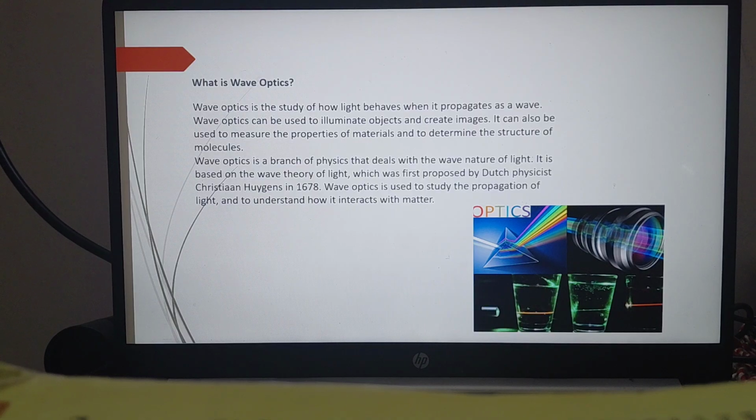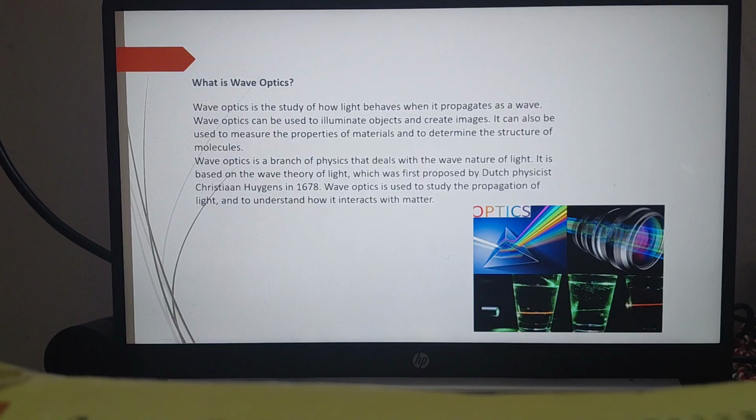First, the Dutch physicist Christian Huygens, the famous scientist, in 1678 propounded the wave theory of light.